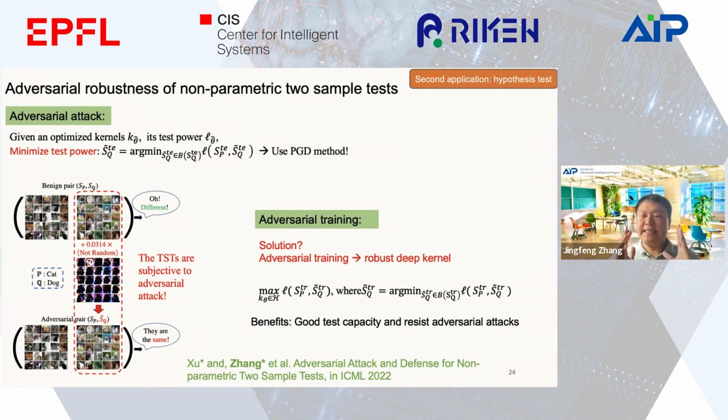For its realization, we iteratively generate the adversarial pairs by minimizing the test power in the inner minimization and update the kernel parameters by maximizing the test power on the adversarial pairs in the outer maximization. Therefore, we can obtain the robust kernel. And a two-sample test with a robust kernel can resist adversarial attacks while maintaining good test capacity.